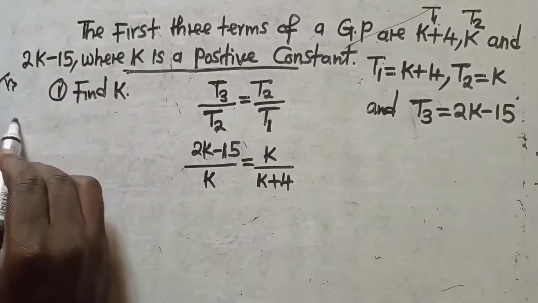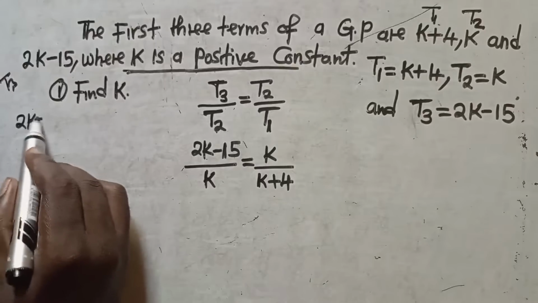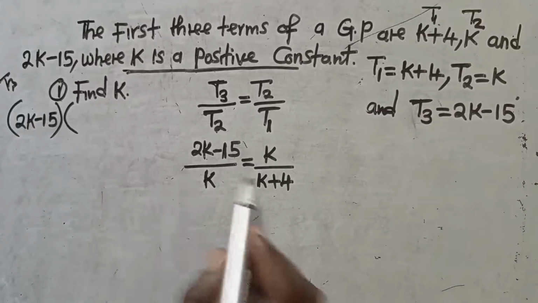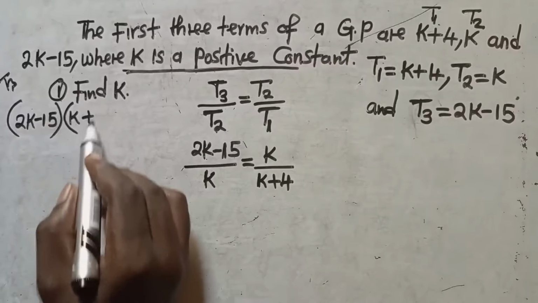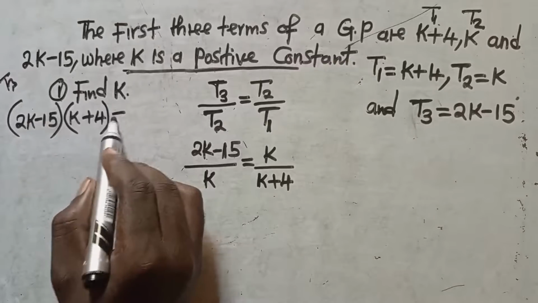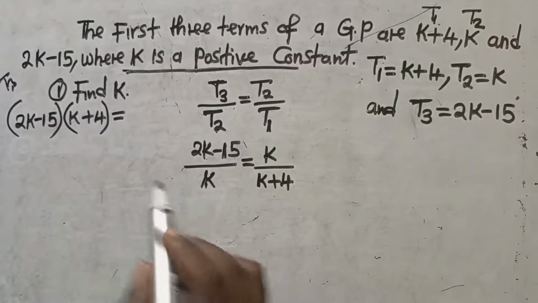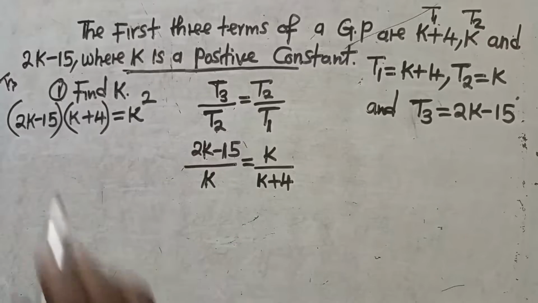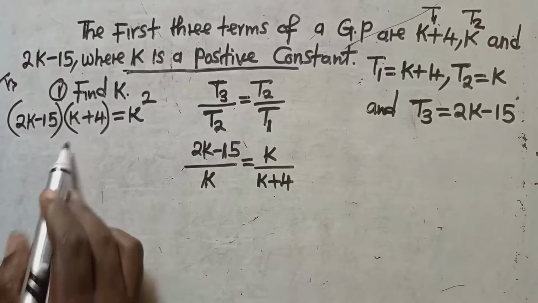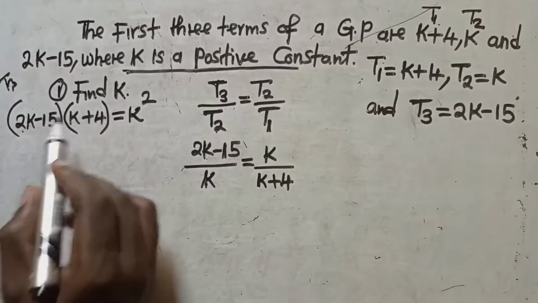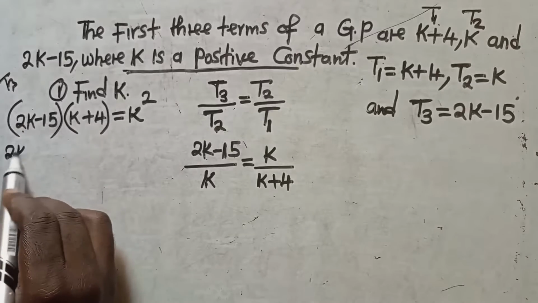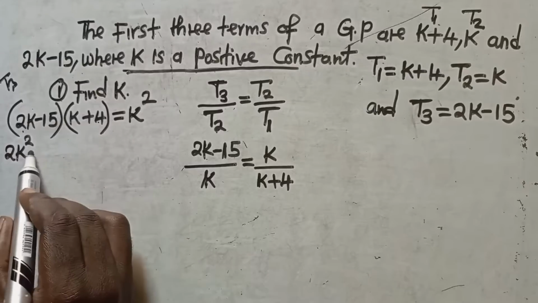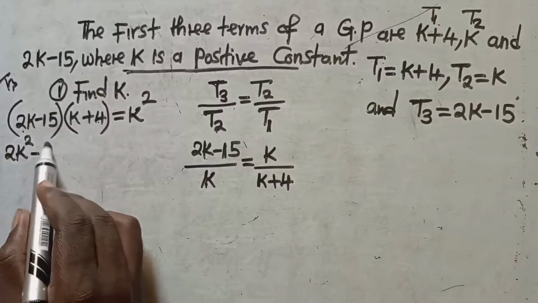So we cross multiply. That is 2k minus 15 being multiplied by k plus 4, which is equal to k times k, that is k squared. We expand this. 2k times k is 2k squared. 2k times 4 is 8k.